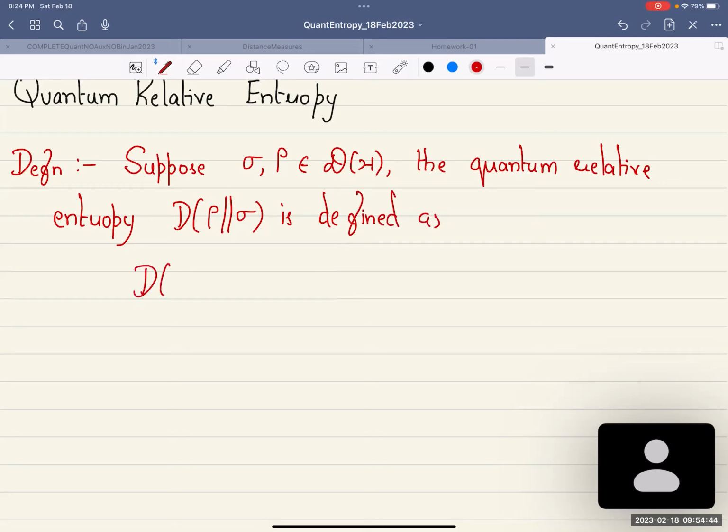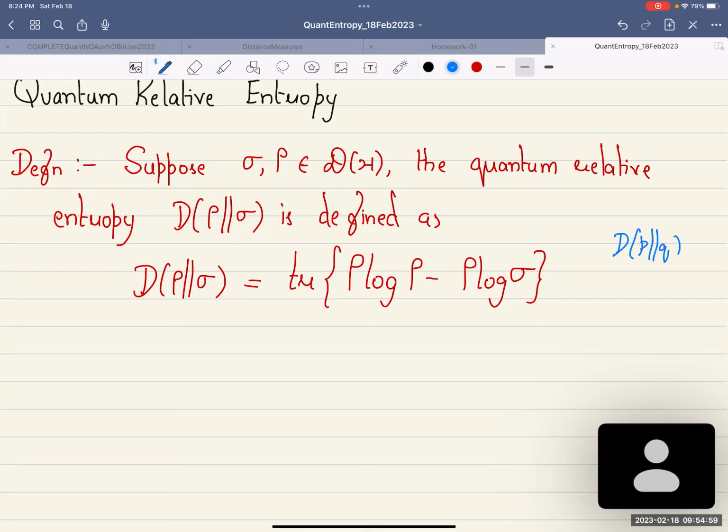D of rho sigma is trace rho log rho minus rho log sigma. Just for you to recall, remember D(p||q) is the summation of px log px minus px log qx. I just wrote it this way so that you can relate it.